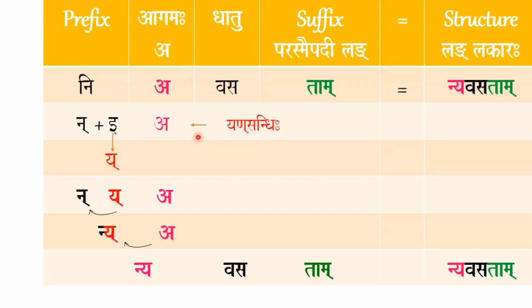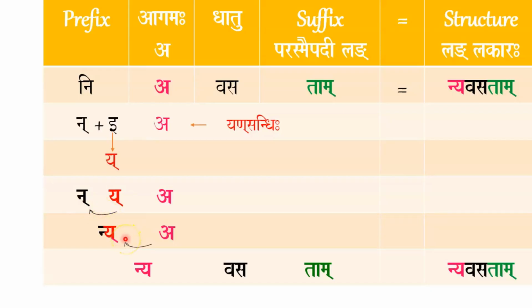Let's see in detail. Here, after the letter E, the letter A has come. That's why the letter E is replaced by halanta Y. Then this halanta Y merged with halanta N, which becomes Nya.